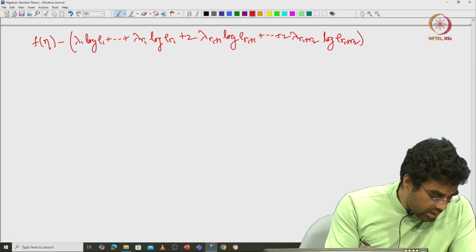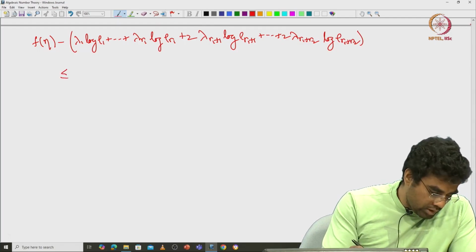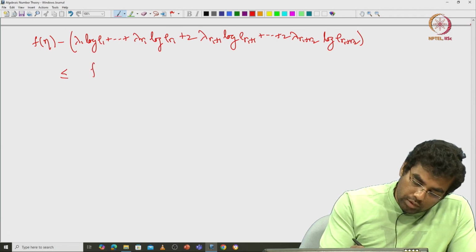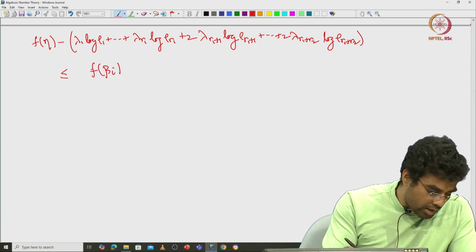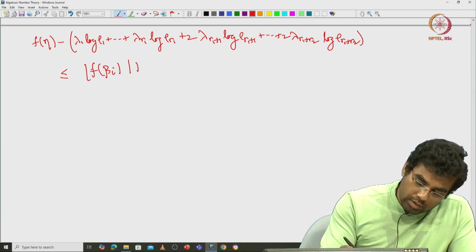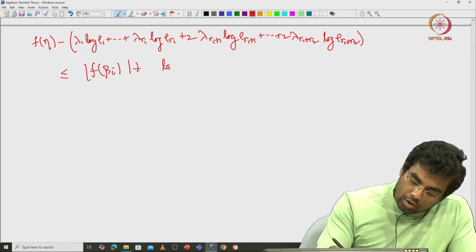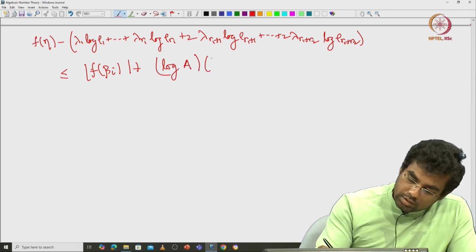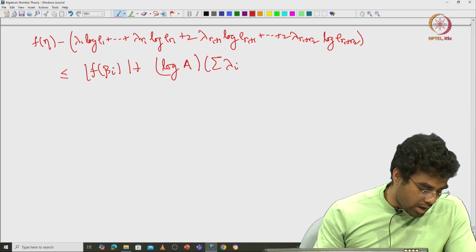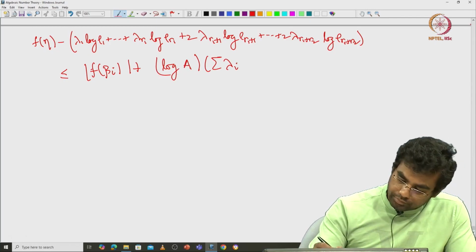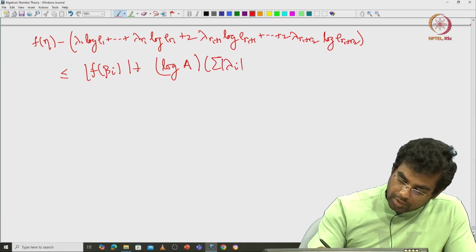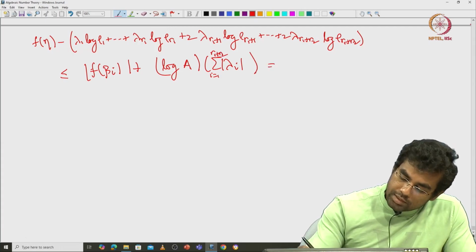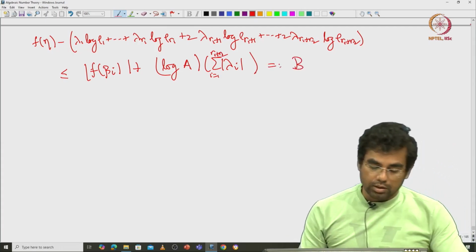My claim is that the modulus of this is at most equal to the modulus of f of beta i plus log A times the summation of mod lambda i, i going from 1 to r1 plus r2, and this quantity let me call it b.